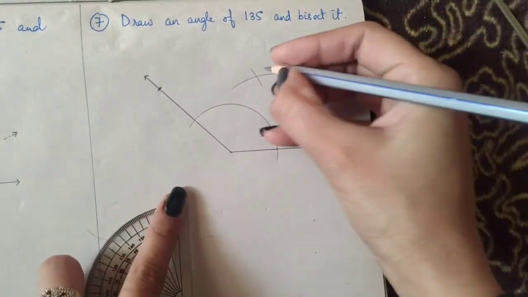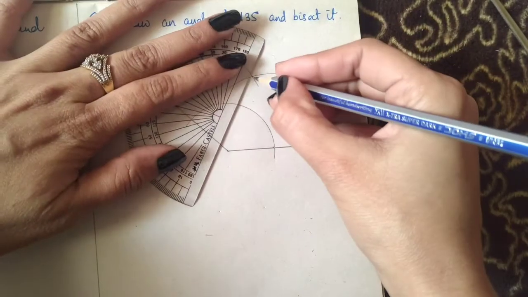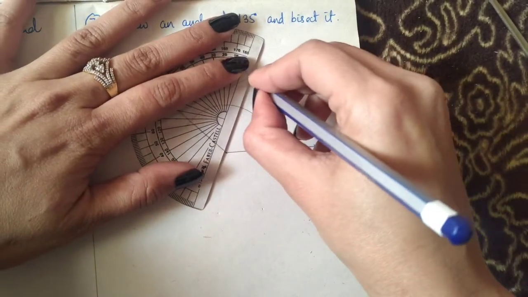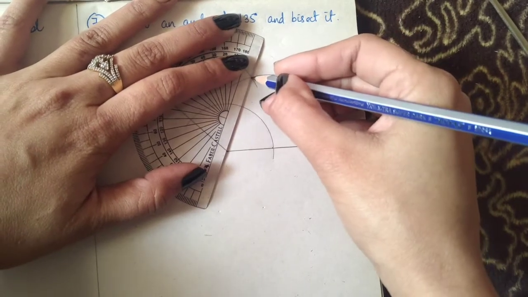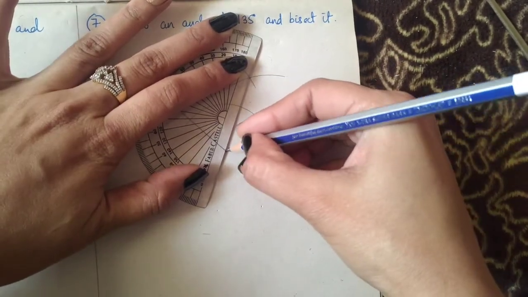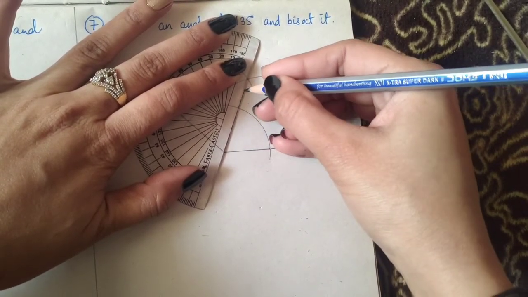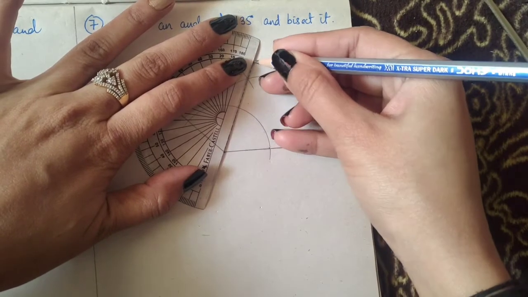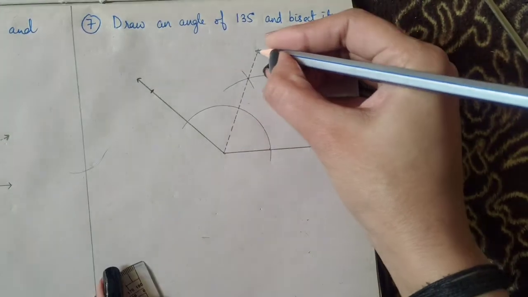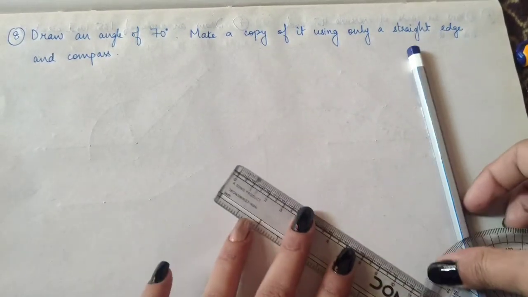Okay, so now this point and this vertex should meet together. Careful. So we are done.